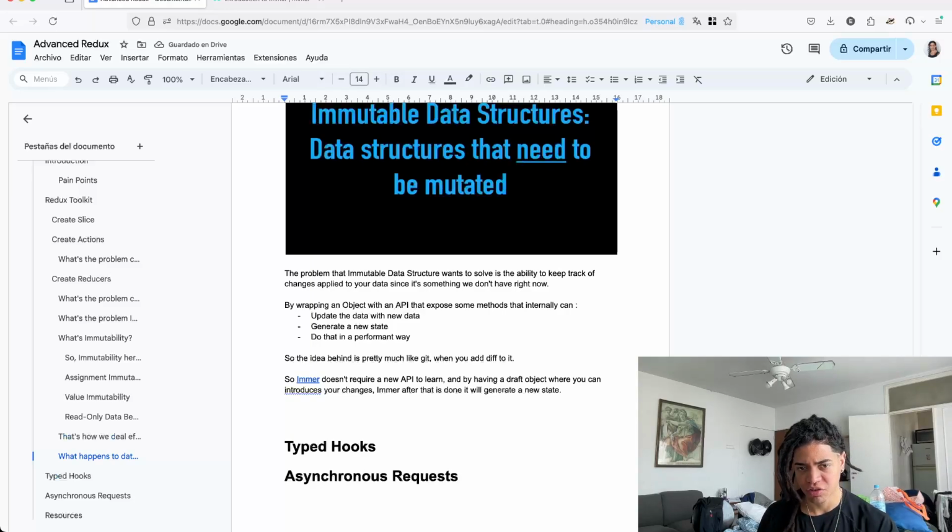Efficiency with structural sharing. Highly performant, especially when it comes to large objects under the hood.